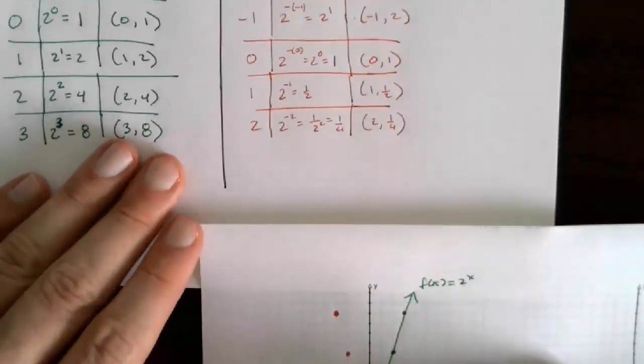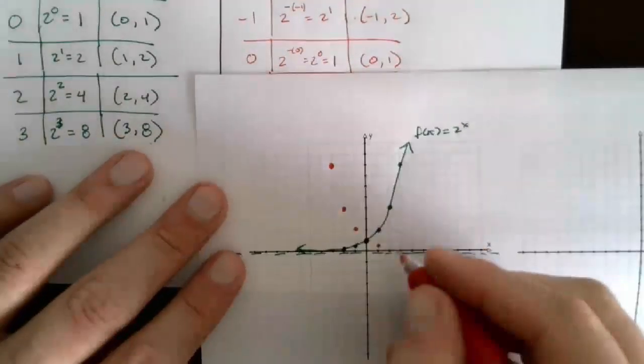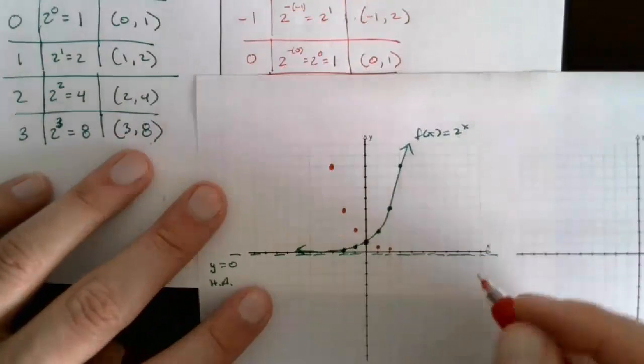And we have 2, 1/4, getting closer and closer to the axis.